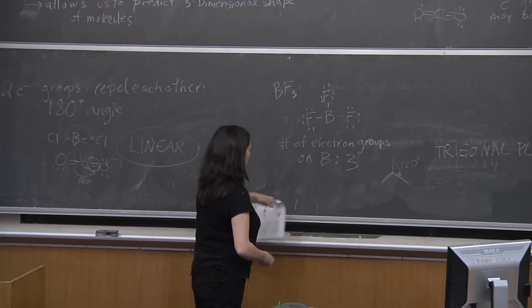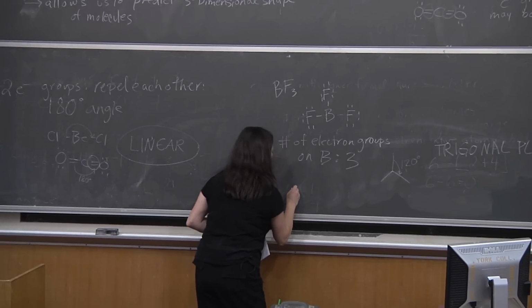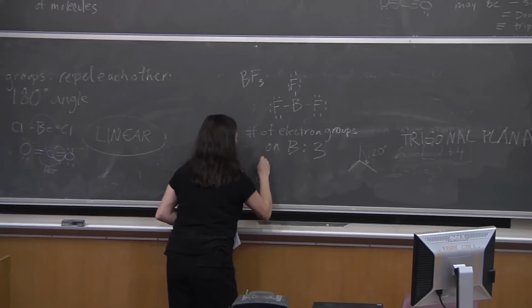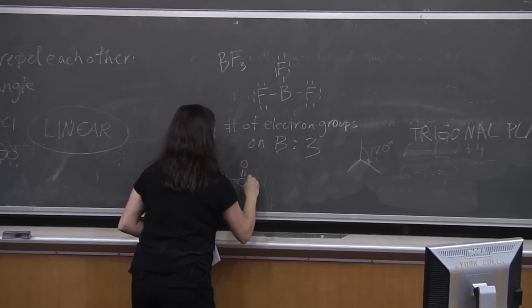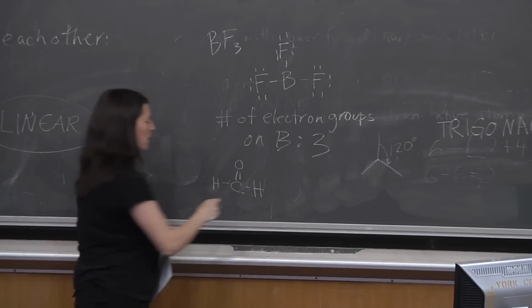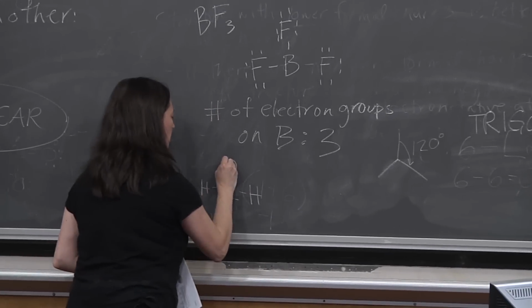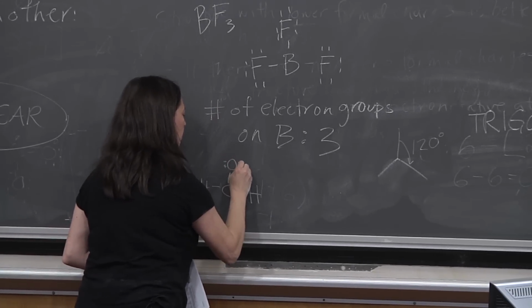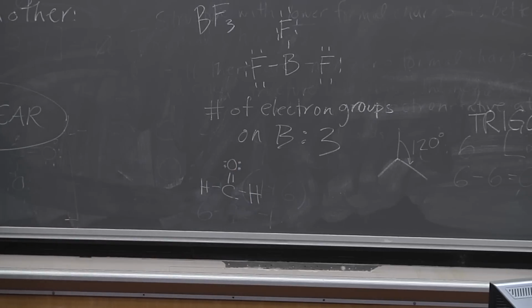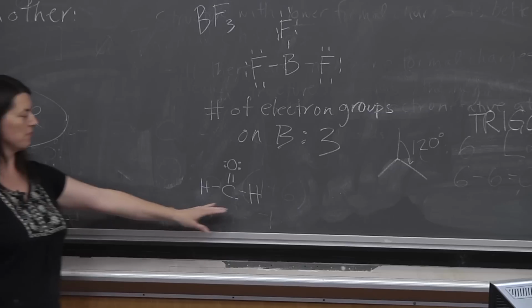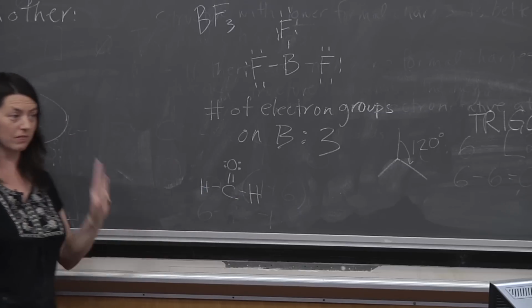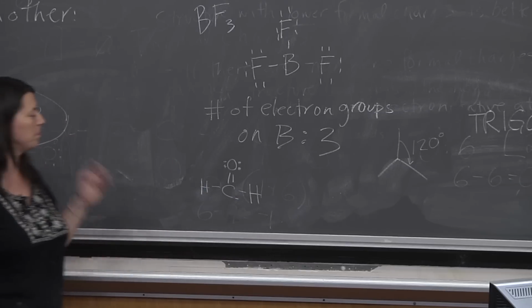I can give you another example of a molecule that fits in this category, formaldehyde. I'm just giving you the dot structure. You can convince yourself later if you want to that this works, octet rule, valence electrons, all that.